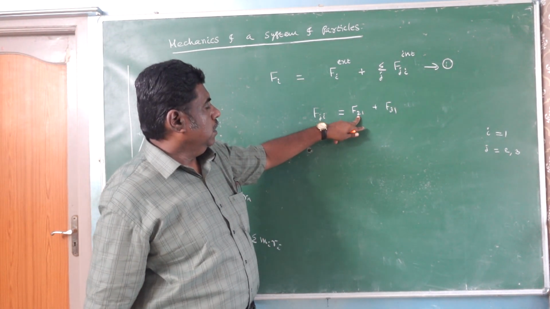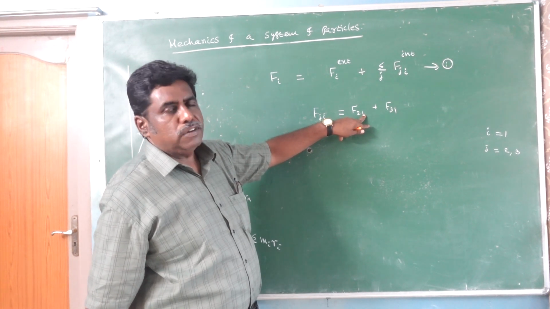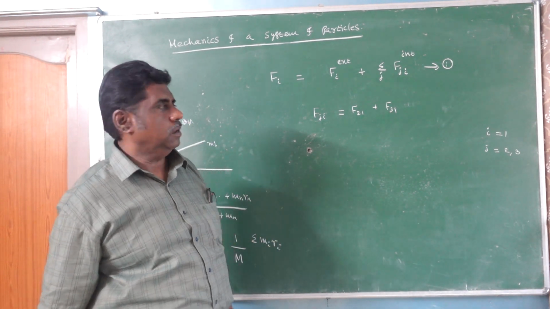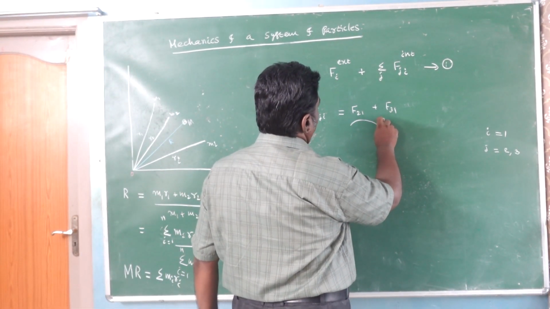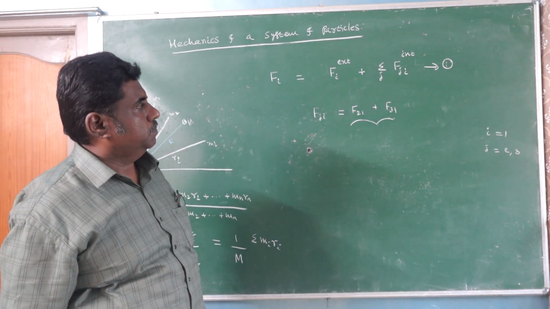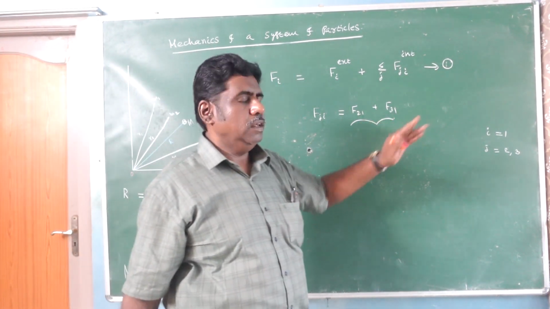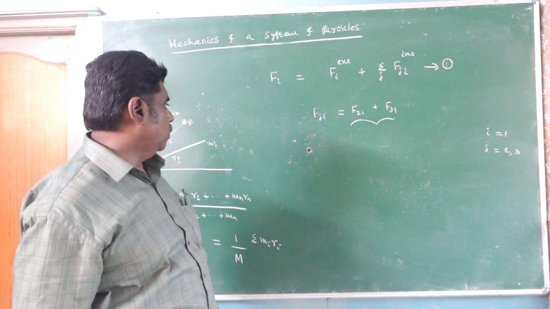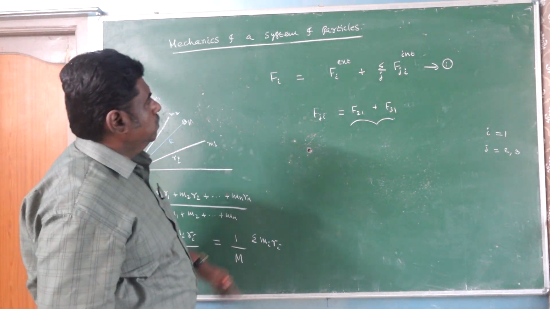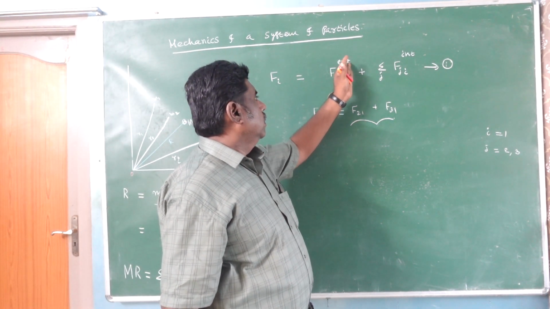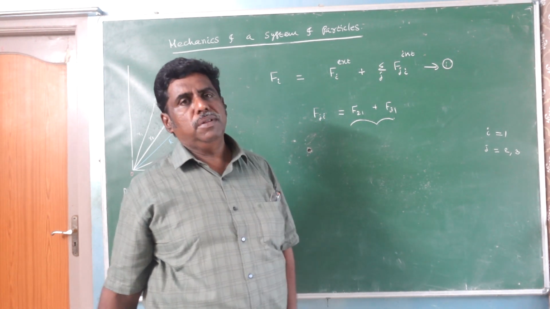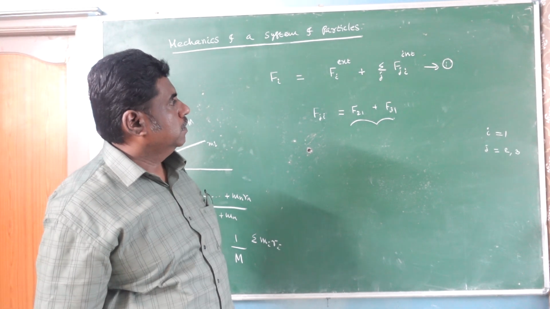The second particle applies some force on the first particle. Here the third particle exerts some force on the first particle. These 2 forces are contributing to the internal force term. Suppose the system is having only 3 particles. Therefore, the force acting on the ith particle of the system is given by the contribution from the external force plus the contribution from the internal force.